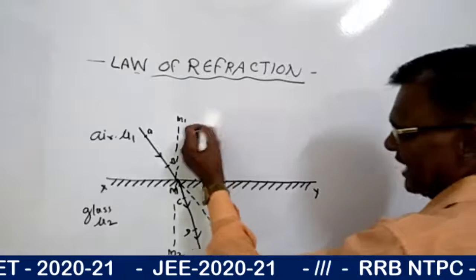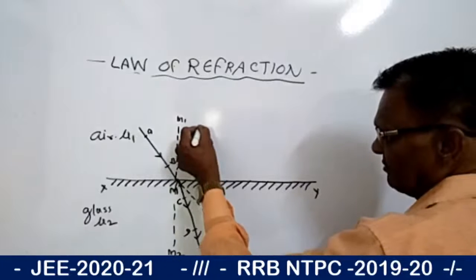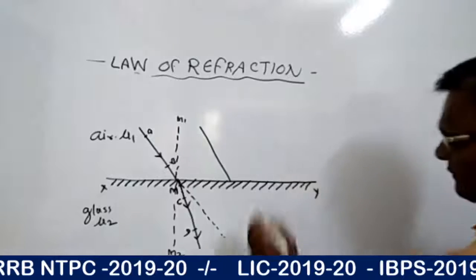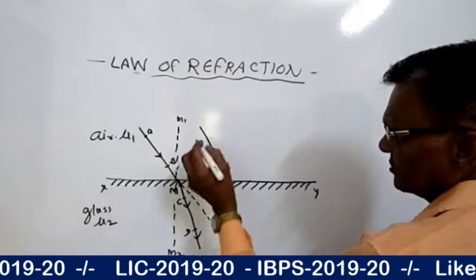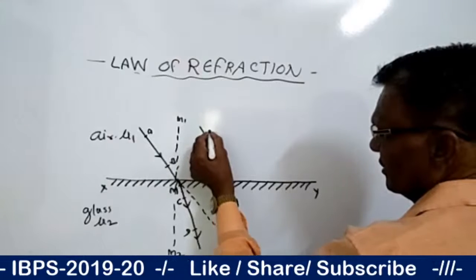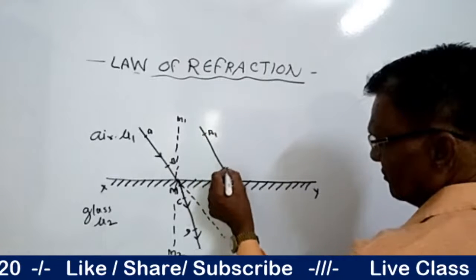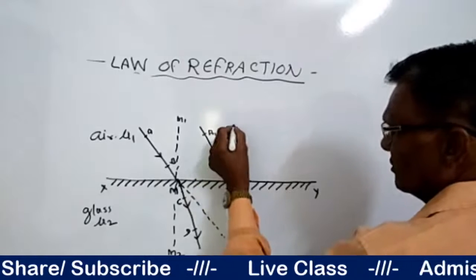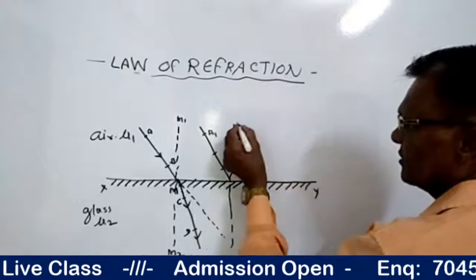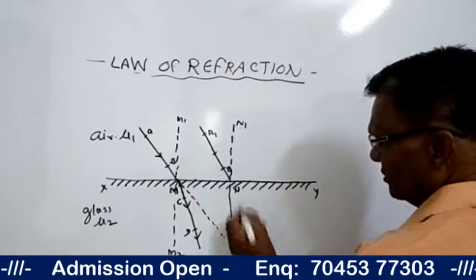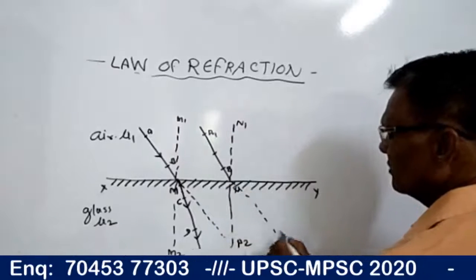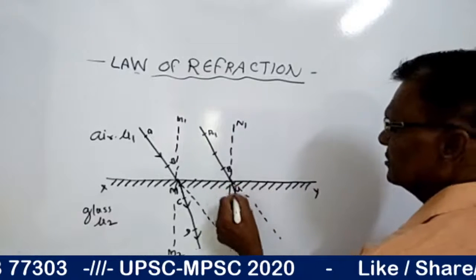So we will consider second incident ray like this. This is second one. So we can say this is your A1, B1, this is your normal N1, N and N2, this is normal path and this is deviated path.